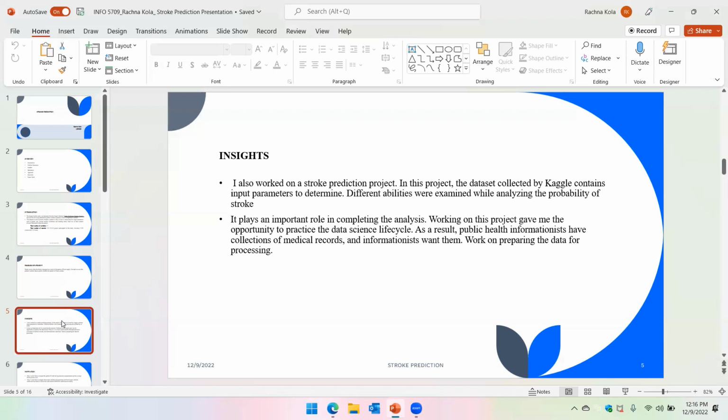It plays an important role in completing the analysis. Working on this project gave me the opportunity to practice the data science life cycle. As a result, public health informatics has the collection of data and medical records, and the informatics want them to work on the data and for processing.